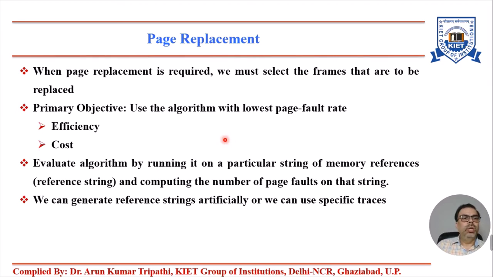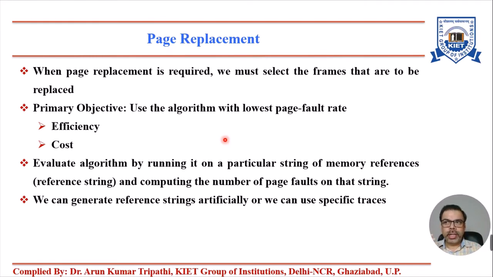Now, what is the criteria for a page replacement algorithm? It should be efficient and cost effective, because if it is not efficient, it may cause wastage of CPU utilization.